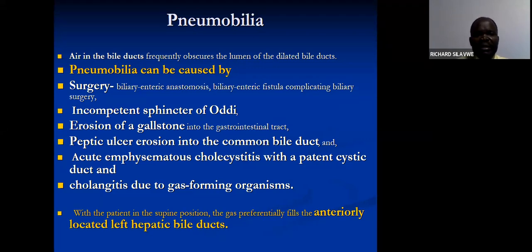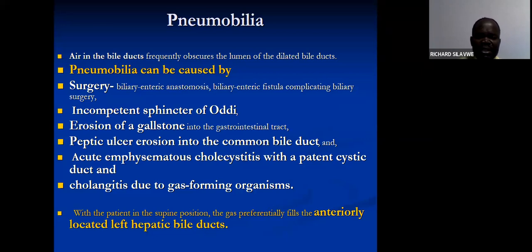Biliary enteric anastomosis, biliary enteric fistula complicating biliary surgery, incompetent sphincter of Oddi, erosion of gallstones into the gastrointestinal tract, peptic ulcer erosion into the common bile duct, and acute emphysematous cholecystitis with a patent cystic duct, and cholangitis due to gas forming organism.